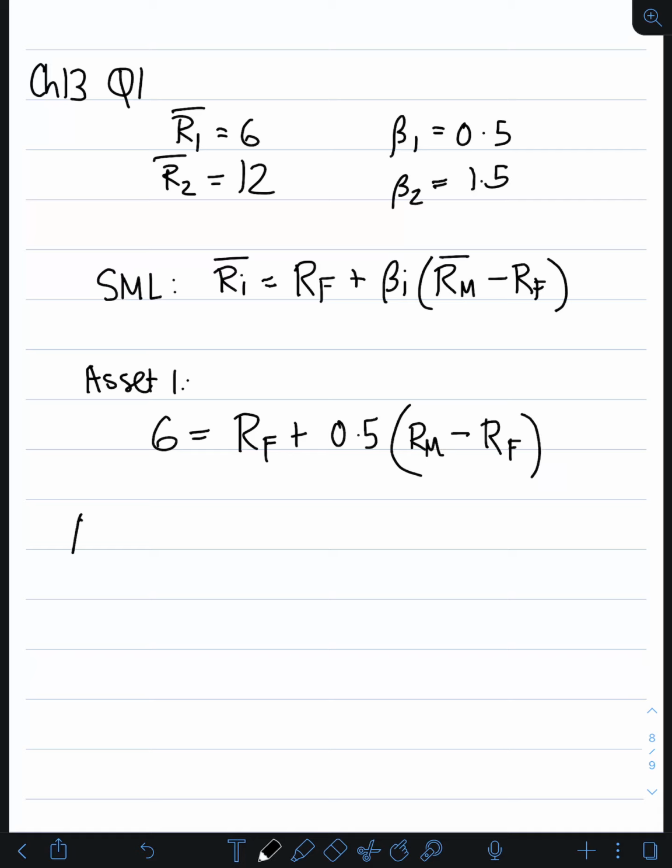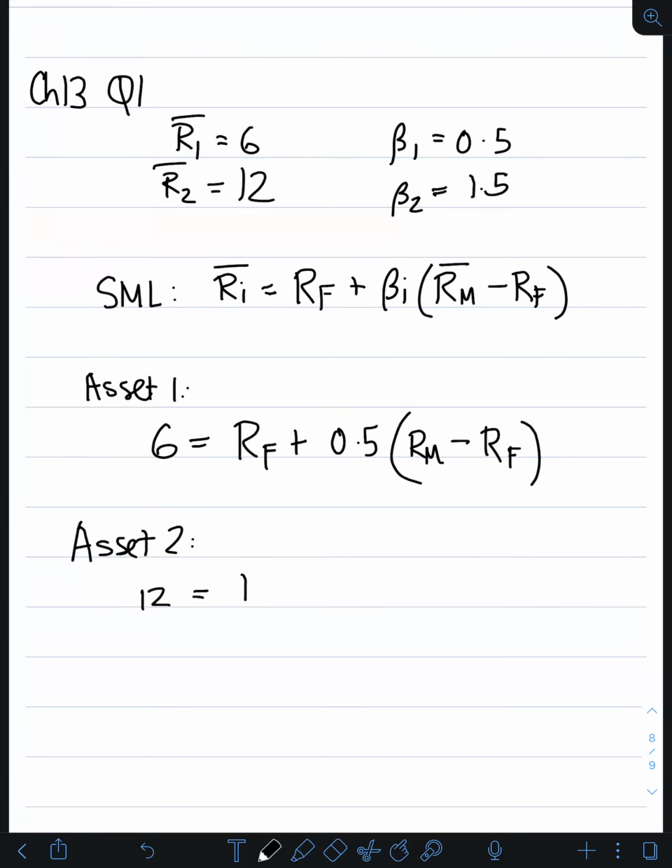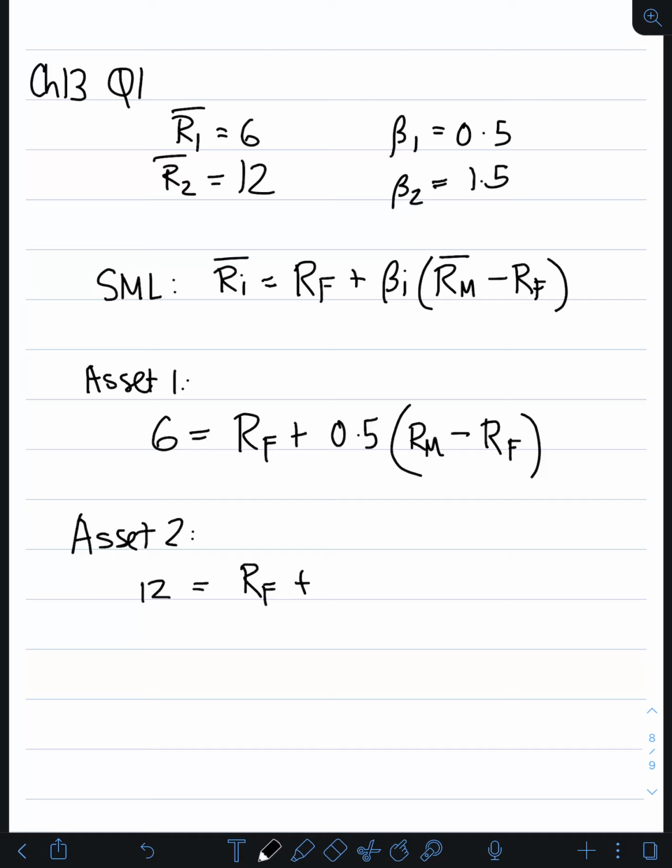And asset 2, we'd have 12 equals RF plus 1.5 times RM minus RF.